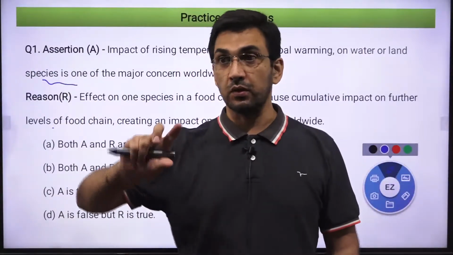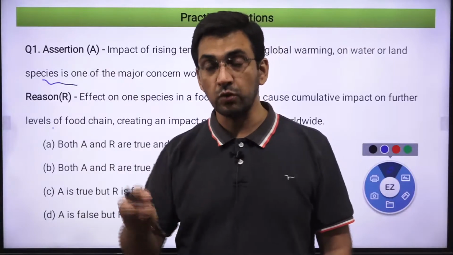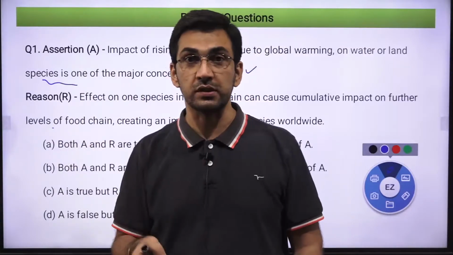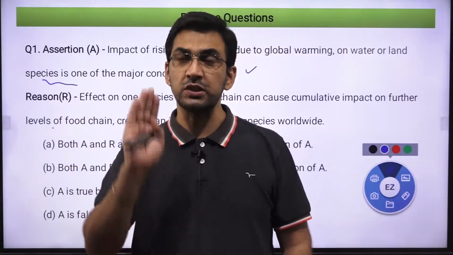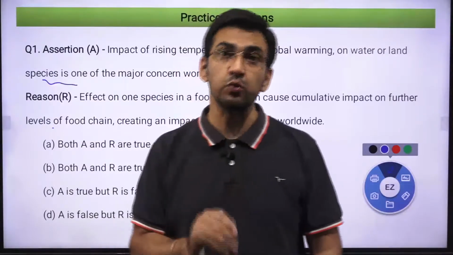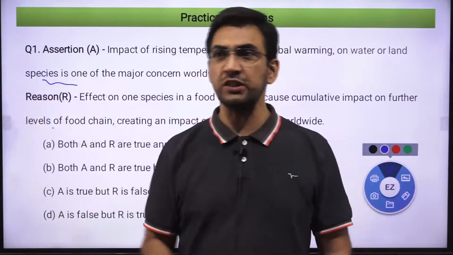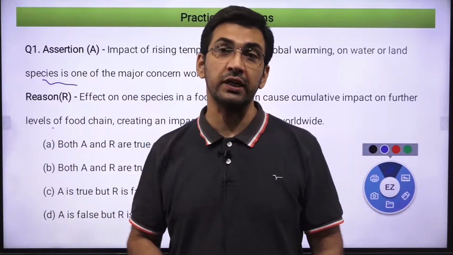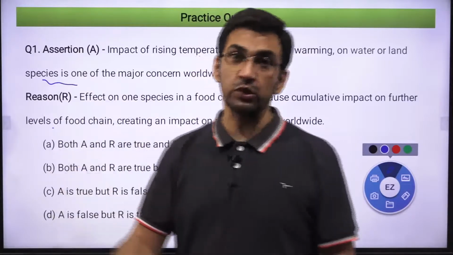It means 1.5 degrees is sufficient to create damage to those species. So there are many species which are sensitive to temperature changes, and if the death of any of the species occurs, then obviously the whole ecosystem is going to be disturbed.